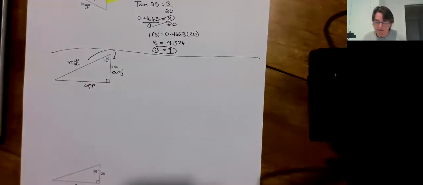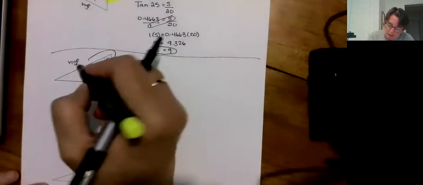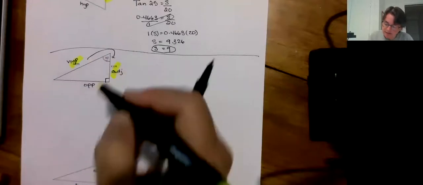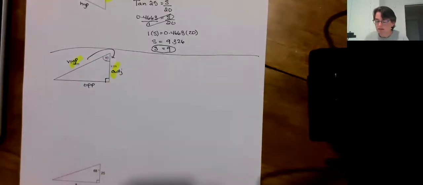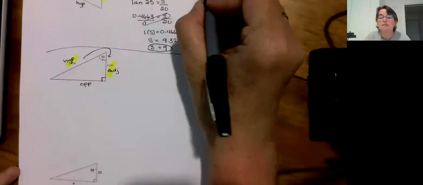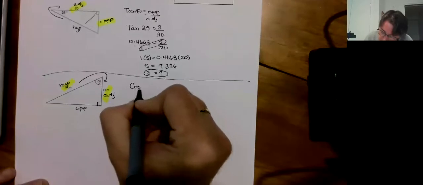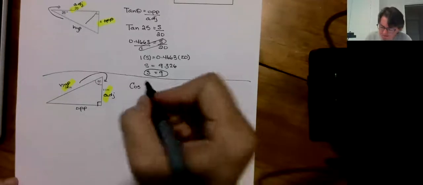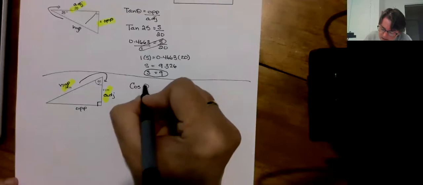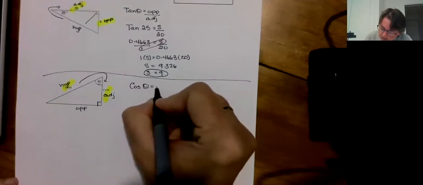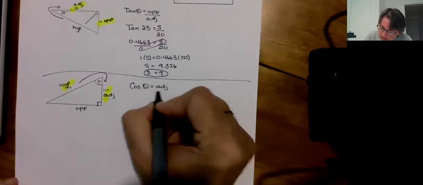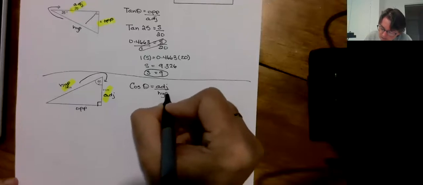So this time, we are worried about the hypotenuse and adjacent. Adjacent and hypotenuse. So this is cosine. So cos theta is adjacent over hypotenuse.